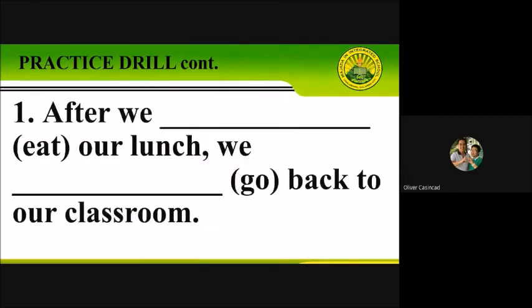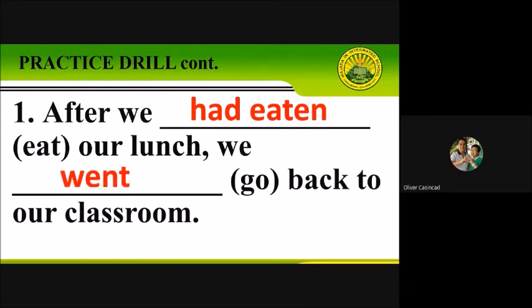So number one, you have there two actions, eat, go. What do you think happened first? Is it eat? Is it go? The one that happened first is eat. So the correct form of the verb eat is had eaten. Then go would be went.